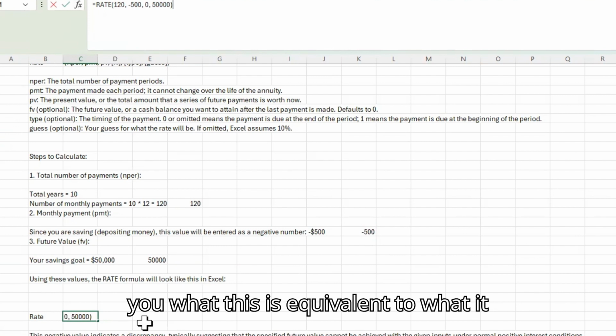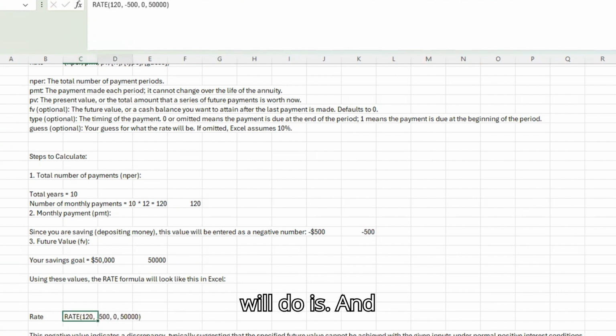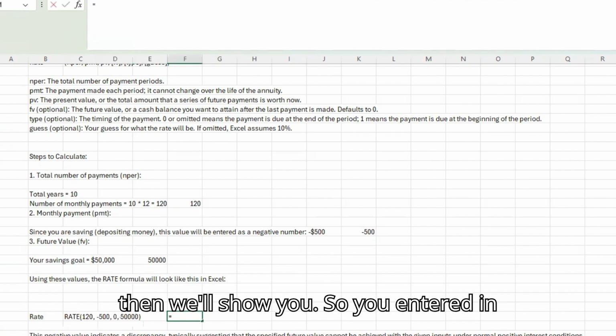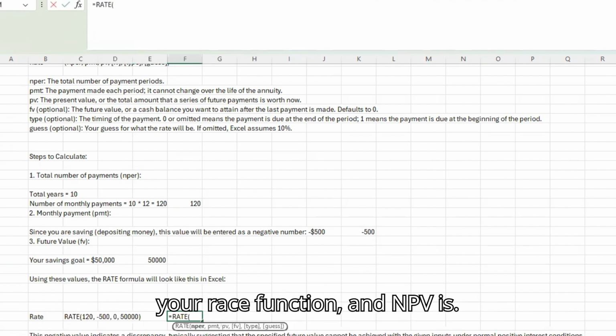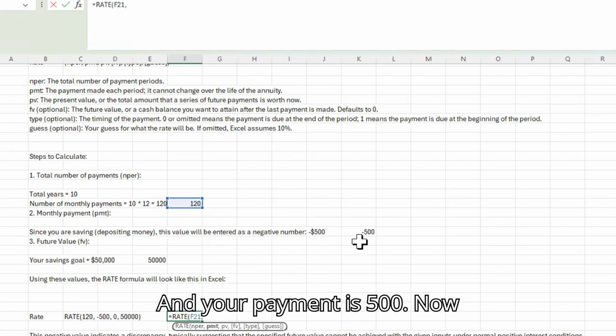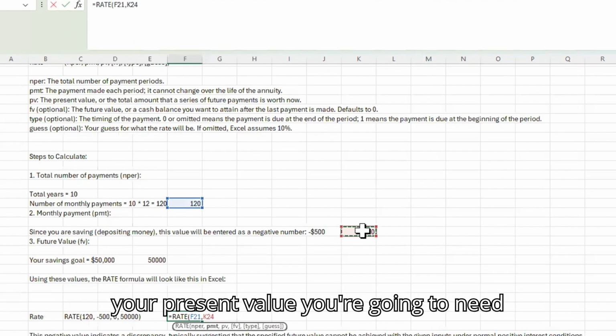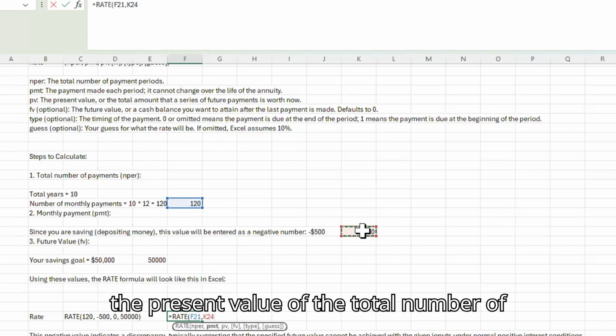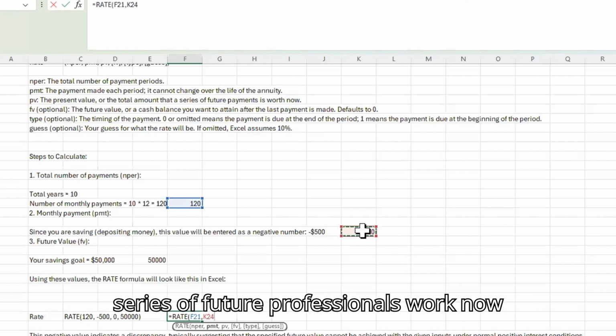To show you what this is equivalent to, what we'll do is we'll take that out, and then we'll show you. So you enter in your rate function, NPER is 120, and your payment is 500. Now your present value, you're going to need to enter this. So your present value is what a series of future cash flows is worth now.